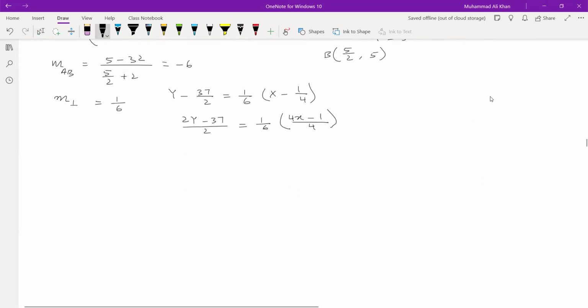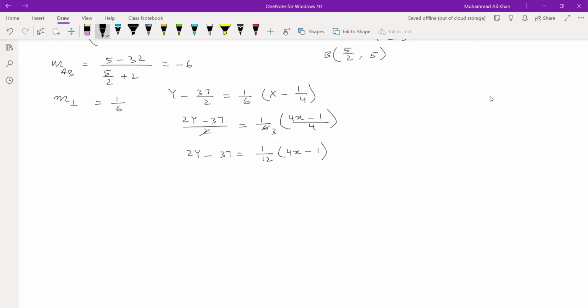Here, 2 3s are 6. So 2y minus 37 equals 1 over 12, 4x minus 1.